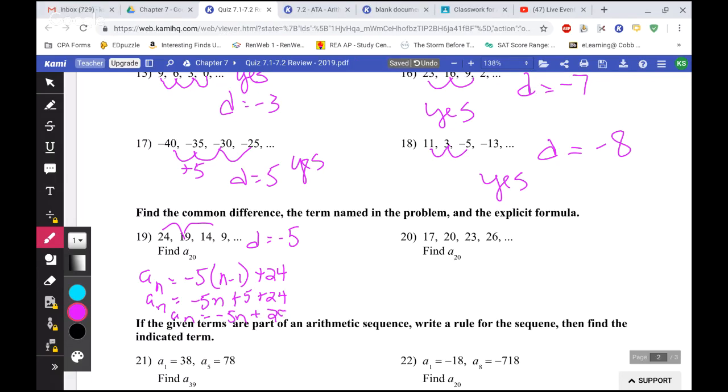I had to get the formula first, or that's what I choose to do. Where did you get the 24 from? The first term. You got to add the first term? Yes, sir. So the formula is A sub N equals D times N minus 1 plus A sub 1, right?